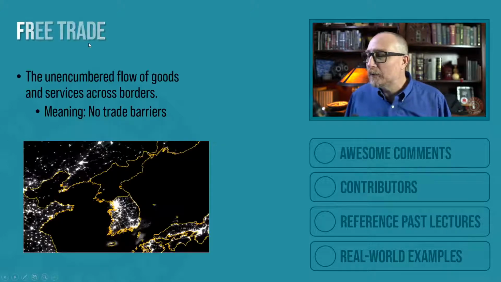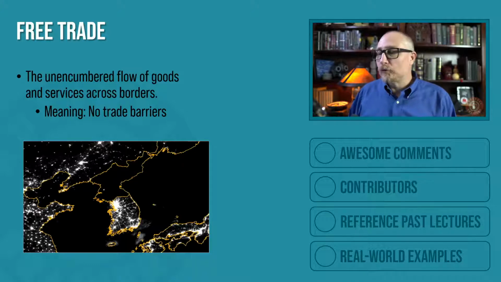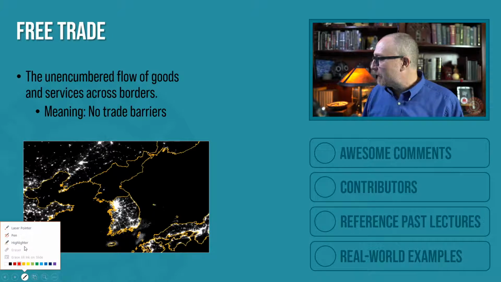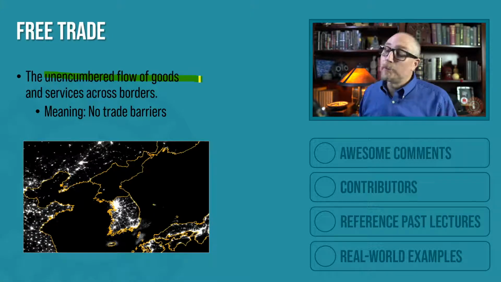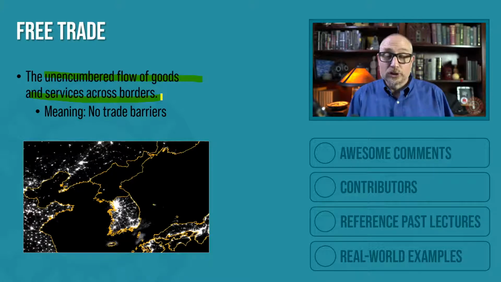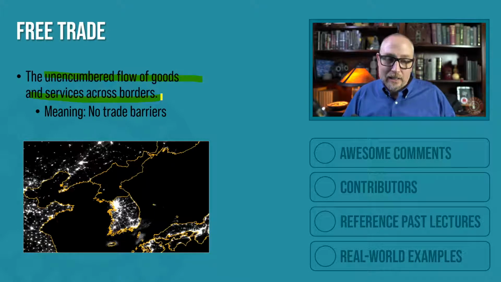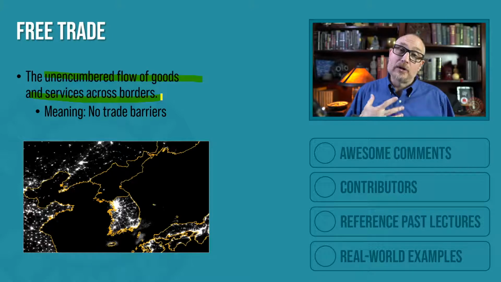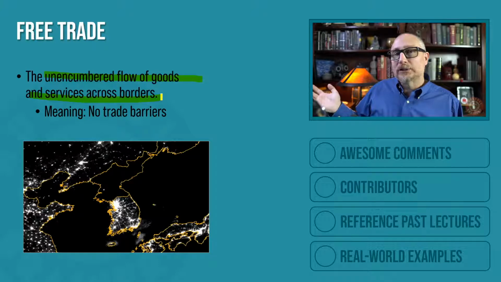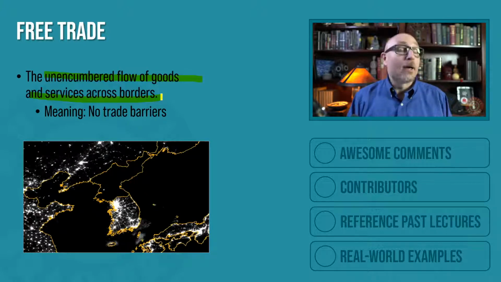Let's come on over here. Remember, we talked about free trade, right? Free trade is the unencumbered flow of goods and services across borders. In other words, no trade barriers. All right, we can trade freely. That is free trade, and we also understand the promise of free trade. I put promise in air quotes because, yes, there's a lot of benefits to free trade, massive benefits.